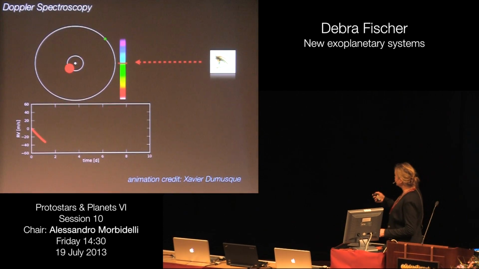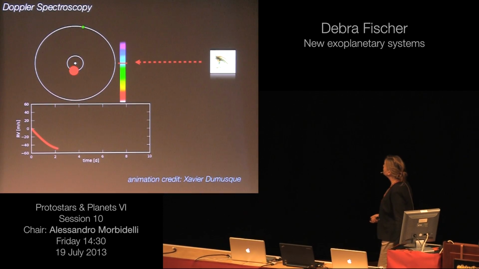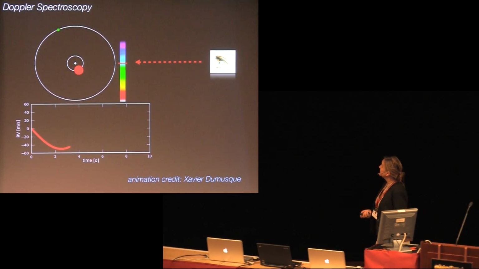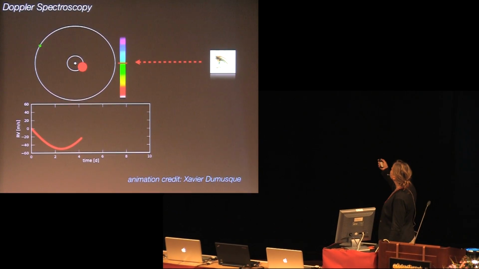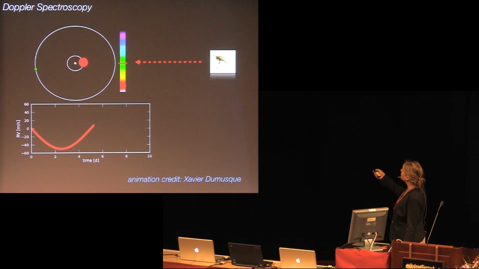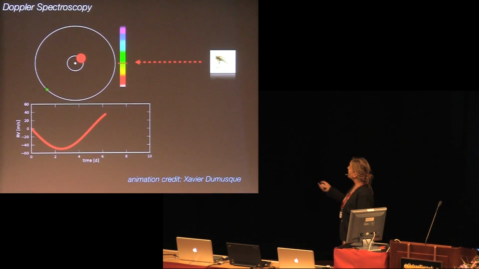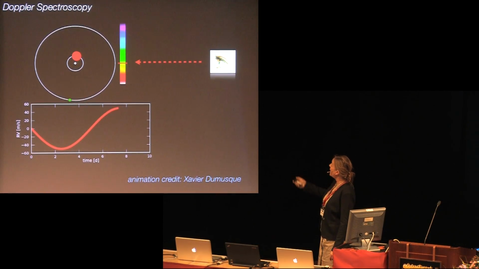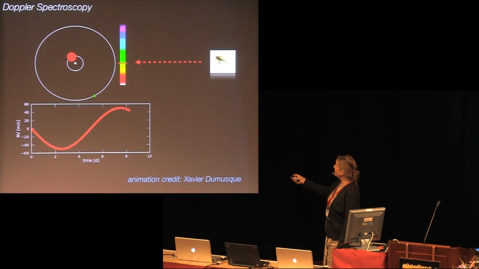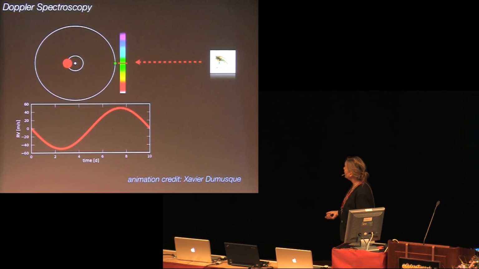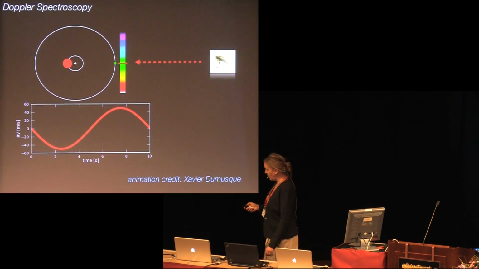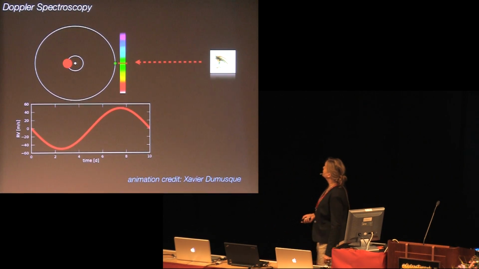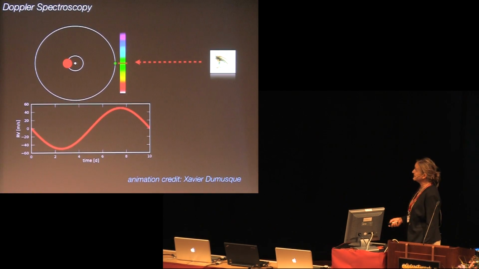So in this nice animation by Xavier Dumusque, as a reminder of the Doppler technique, we're observing the spectrum of the star, which is shifting back and forth as the star orbits a common center of mass. We map out, night after night, over often long periods, though this is only a 10-day orbit, the motion of the star as it's being tugged around this common center of mass by an unseen planet.